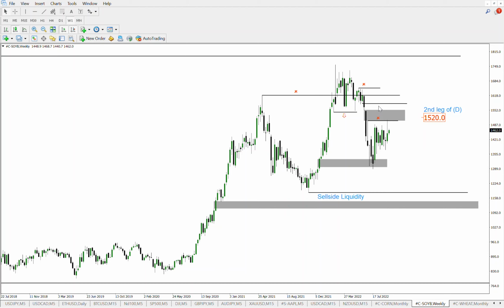But this would invalidate the shorts if we were to close above this gap in here. If we close above this fair value gap, then the short idea is off and we're probably going to get stopped out.